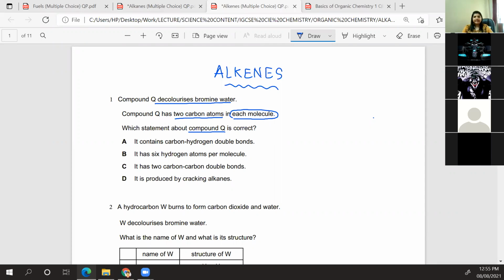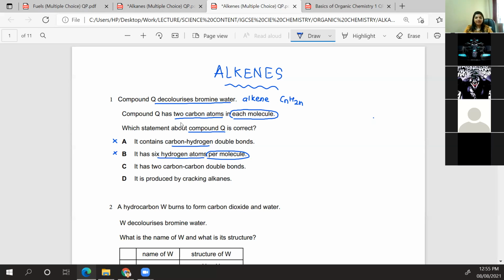Okay, let's discuss this. Compound Q has 2 carbon atoms in each molecule, and compound Q decolorizes bromine water. It contains a carbon-carbon double bond. It has 6 hydrogen atoms per molecule. If it's an alkene, it should have CnH2n, which means it should have 4 hydrogen atoms, not 6.